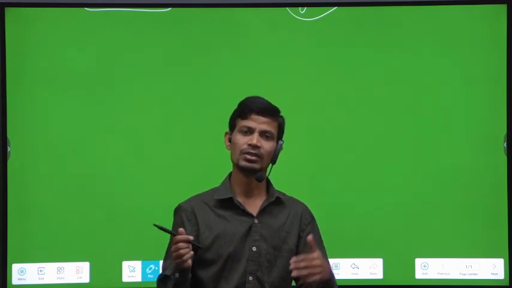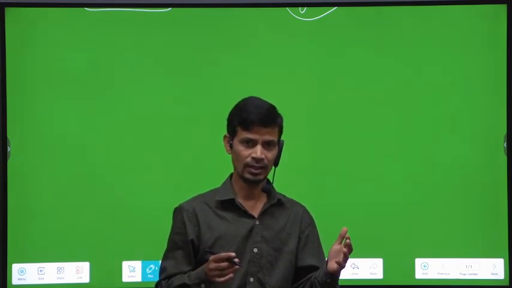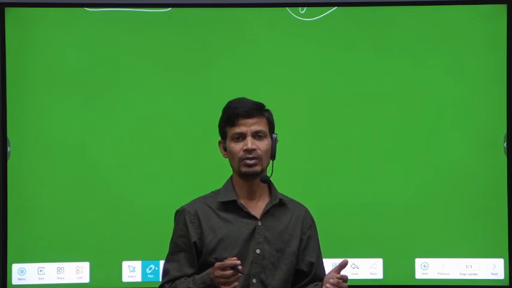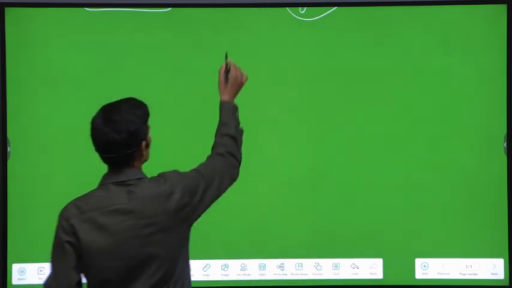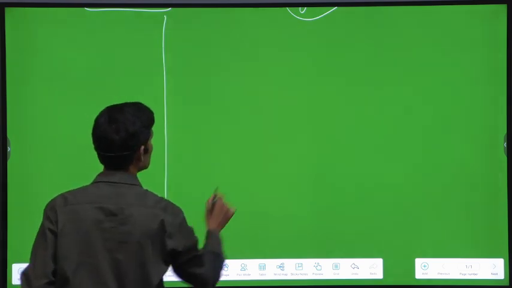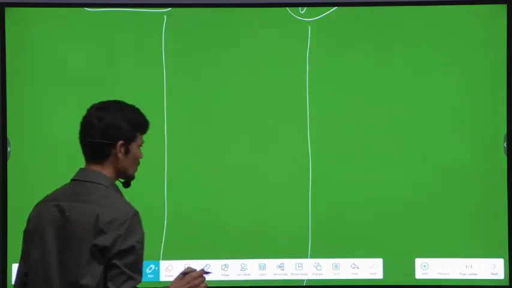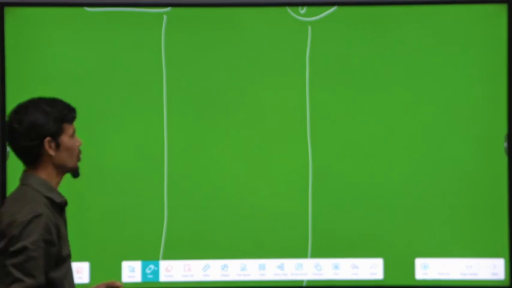As there was differentiation, there will be another type of calculus which is called integration. But before that, let's discuss the graphical representation of motion.